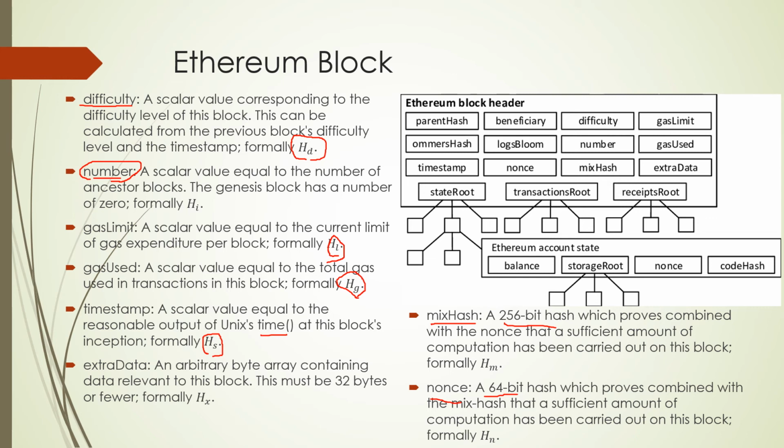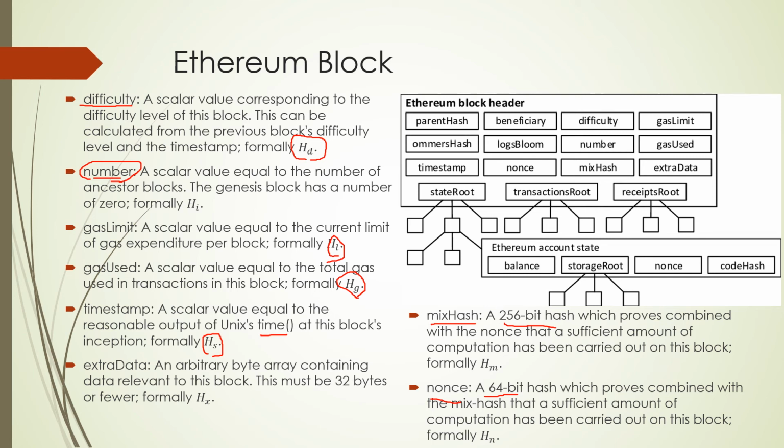The mix hash is a piece of information that proves that we had done a sufficient amount of computation to create this block. Basically, it's a receipt for the proof of work that shows that the proof of work is legitimate.